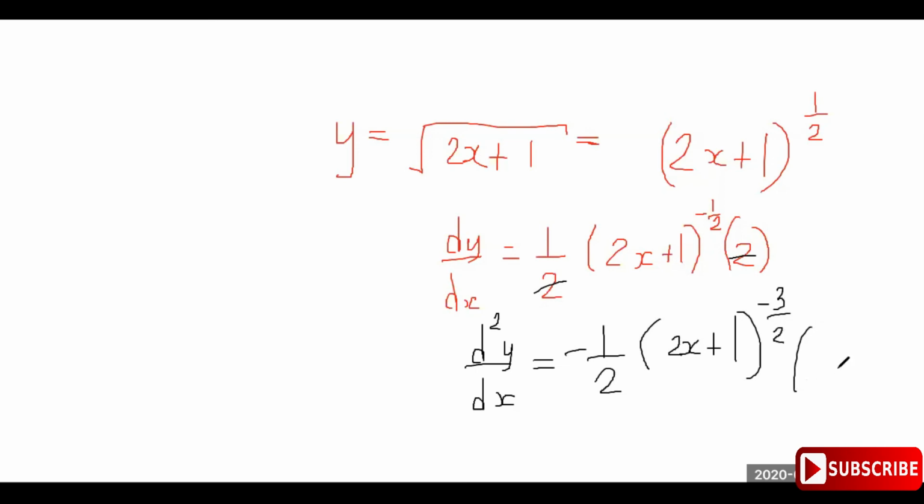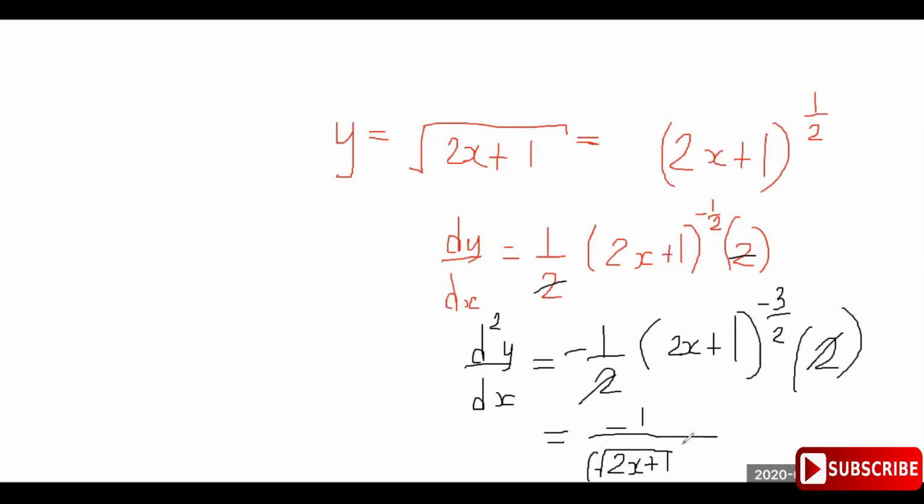This 2 cancels this 2. So what we end up getting is negative 1 over the square root of 2x plus 1, all cubed.